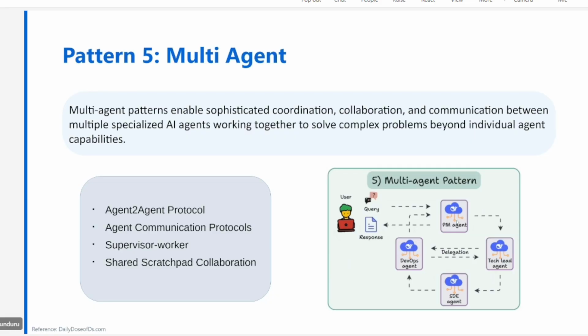So in the supervisor and worker pattern, the PM identifies the issue, does some analysis on that particular issue, and sends it in the form of a prompt or message. It will be passed on to the tech lead in terms of context sharing to the tech lead agent.